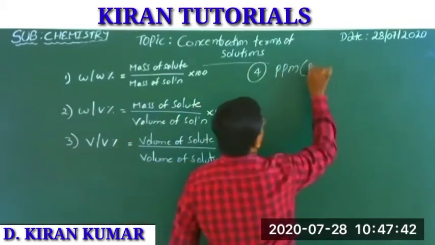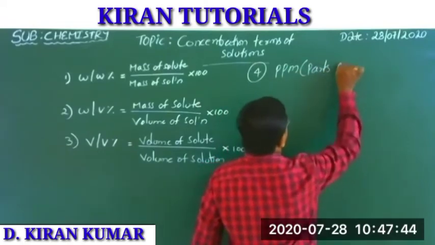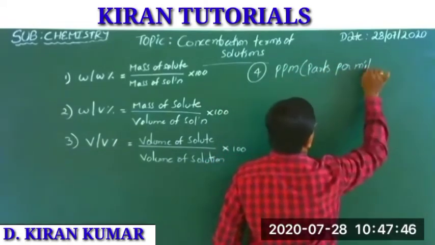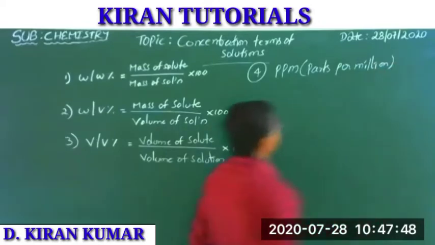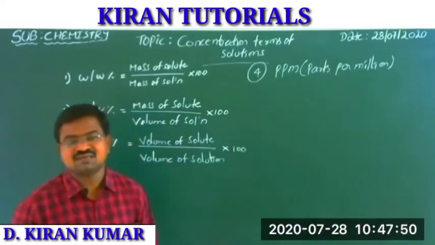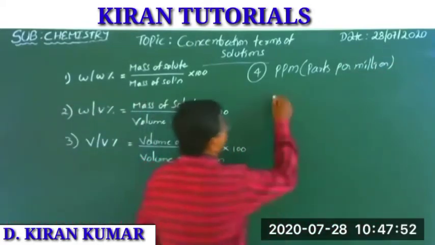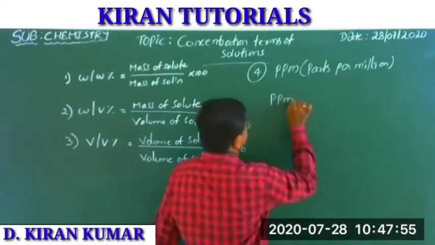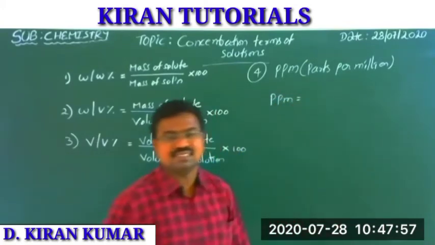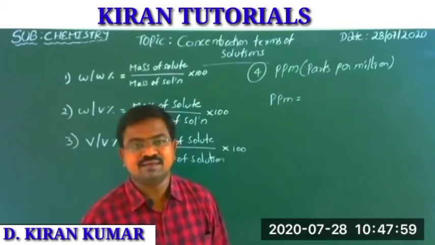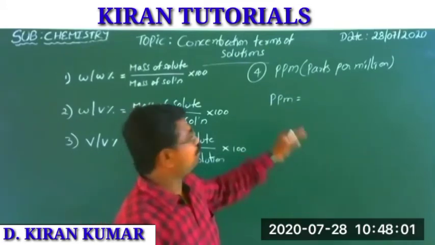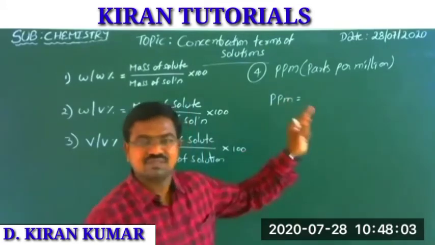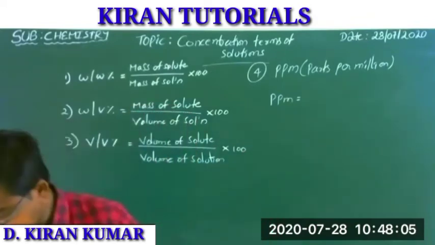What is ppm? Parts per million. What is parts per million? 10 power 6. So ppm is equal to the amount of a solute present in grams in 10 power 6 parts of solution. See, what is the ppm?